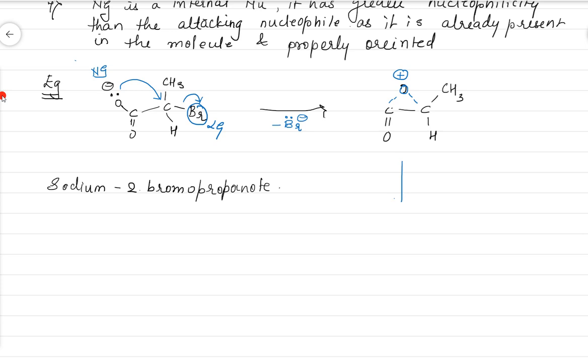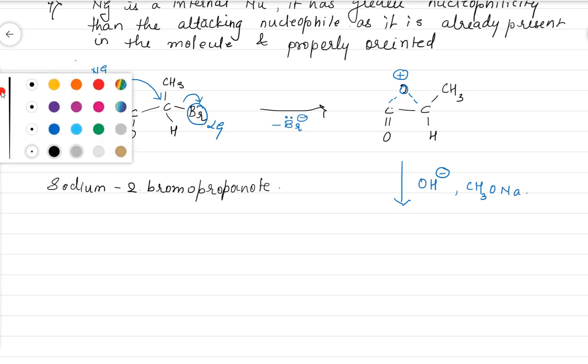Now let's attack a nucleophile. OH minus is the attacking agent, so the attack is taking place. Now where will the attack take place? It's a cyclic intermediate.